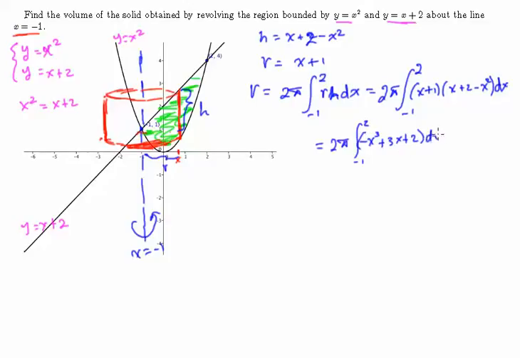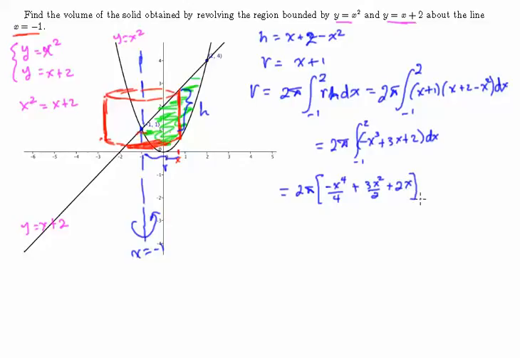Integrate that with respect to x, and that gives us 2 pi times negative x to the fourth over 4 plus 3x squared over 2 plus 2x.